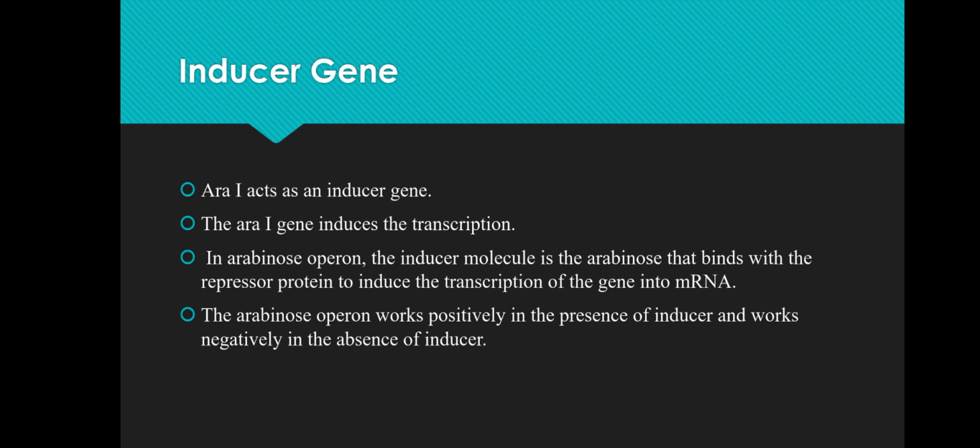The inducer gene. Here ARA-A acts as an inducer gene and this helps in transcription. In the Arabinose operon, where this inducer gene is bound to repressor, it helps in inducing the transcription of the gene which forms mRNA.